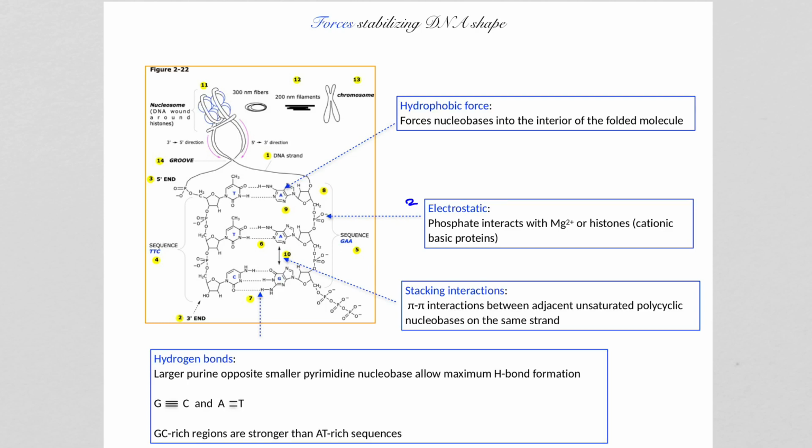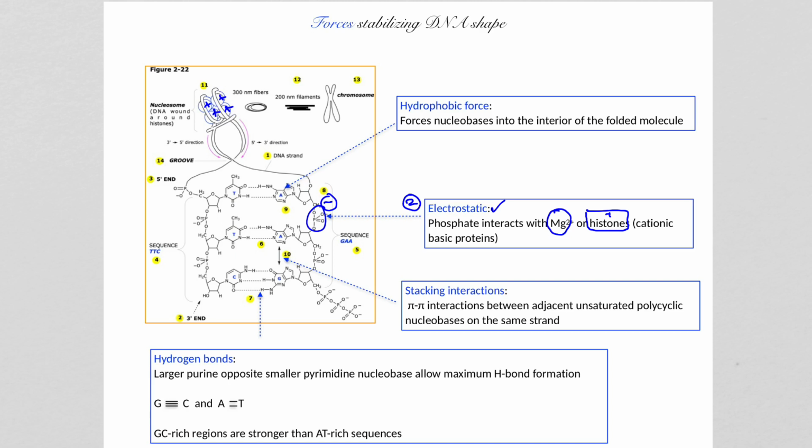The second force is called electrostatic. Here we have our phosphates. Phosphates are negatively charged. They interact with something that is positively charged, either magnesium ions or histones. Histones have a lot of positive charges. These are what we call basic proteins. Basic proteins are not that common in our body.